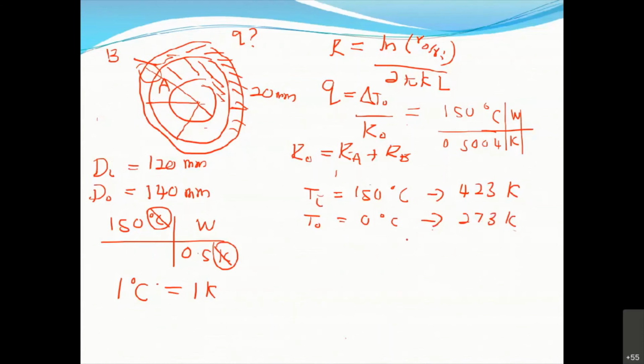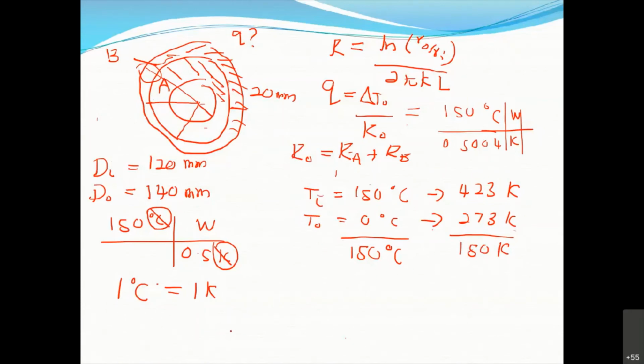Now if I take 150 minus 0, I'll get 150 degrees Celsius. The same thing, 423 minus 273, I'll get 150 Kelvin. So this is what I mean.